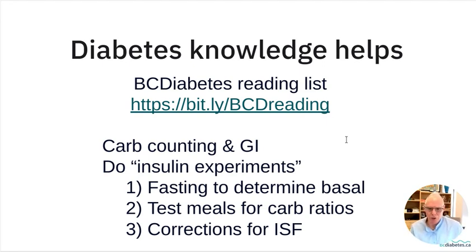We want patients to do test meals to prove that their carb ratio is correct. So we get them to take a known amount of carbs, use the carb ratio they're working with, and then take their carbs, take the insulin beforehand. And if their sugar's back to where it started at 3 hours, we tell them that their carb ratio assumption is correct.